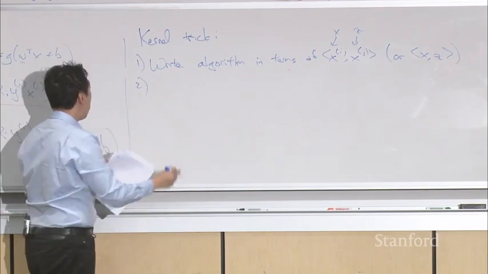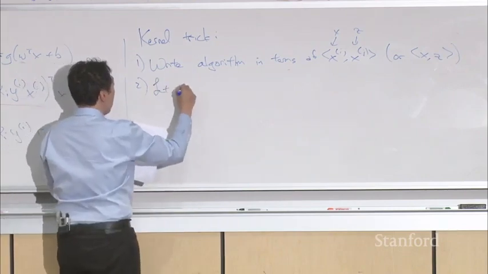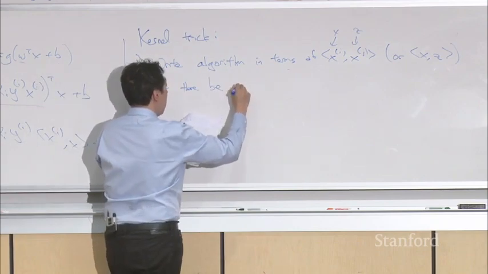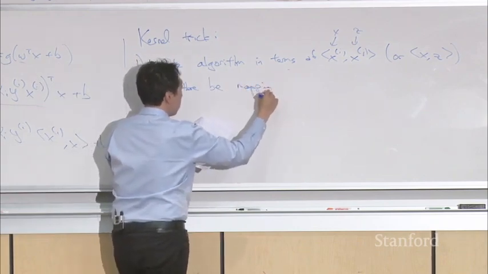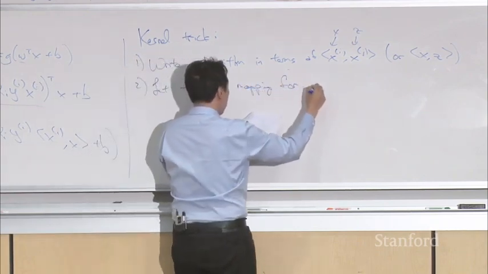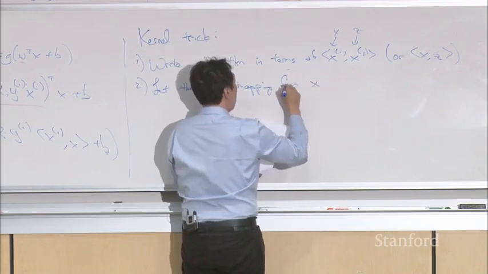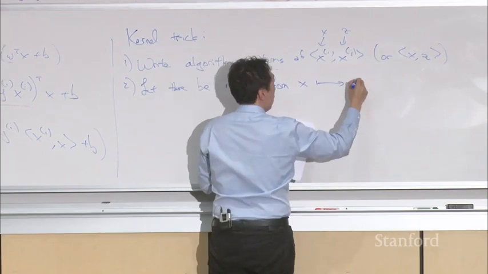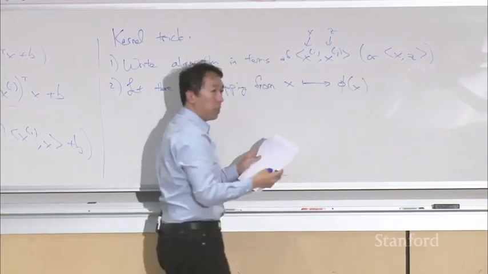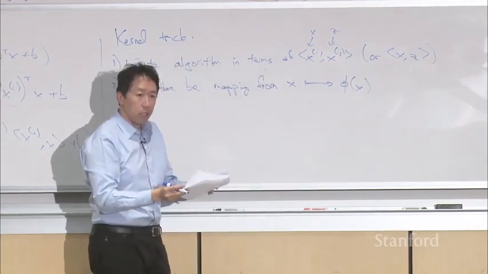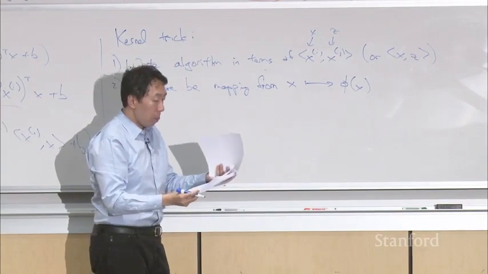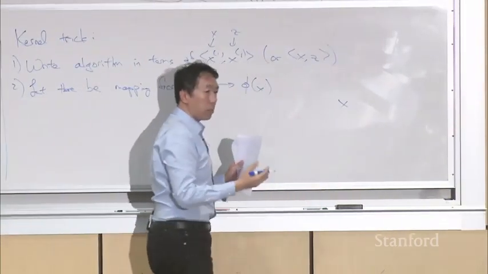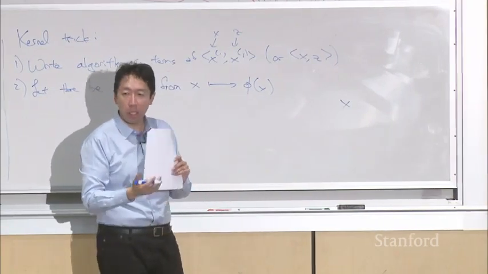Two, let there be some mapping from your original input features x to some higher dimensional set of features phi. One example would be, let's say you're trying to predict housing prices, or predict if a house will be sold in the next month.